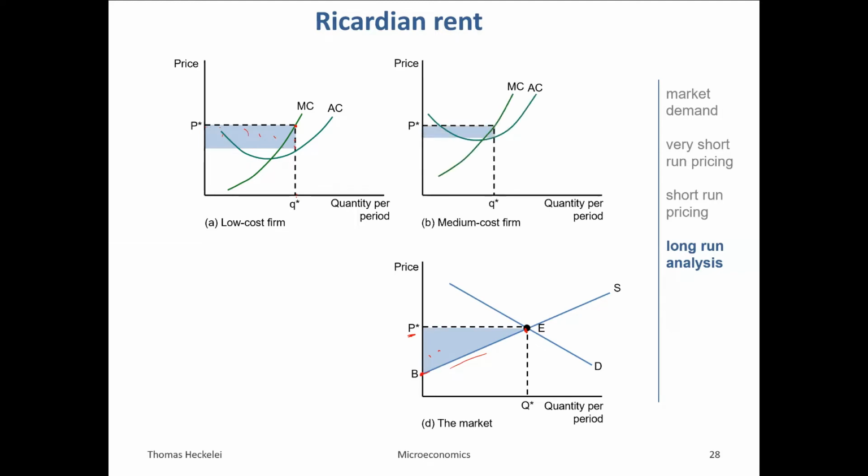Or it could also come from a medium cost firm, like the second best fertile land in Ricardo's example. The profit is a little bit, but still MC equals P and is above AC at this output quantity.